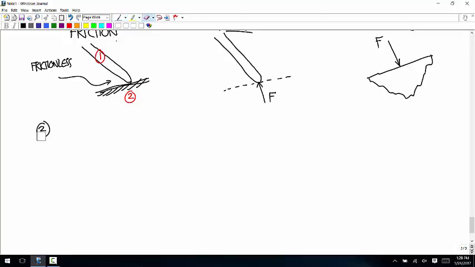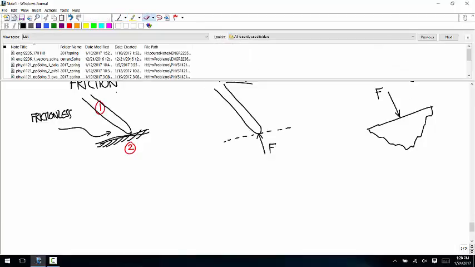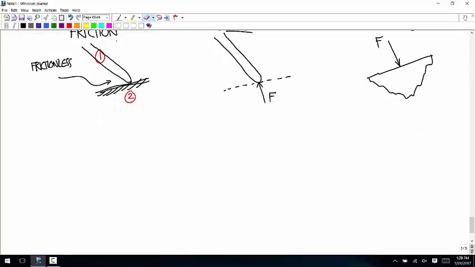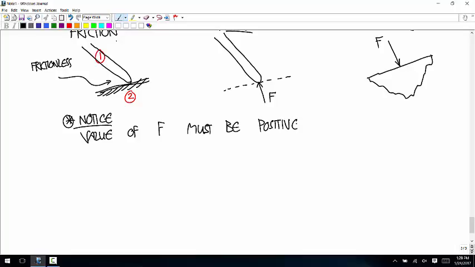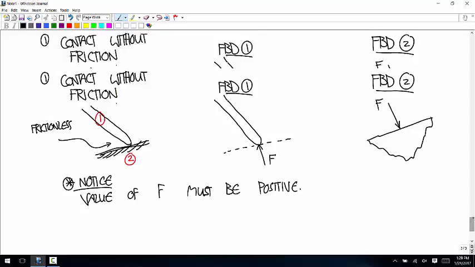Oh, before I do that, one thing I need to say about this is, notice the value of F must be positive. Because look at that free body diagram.